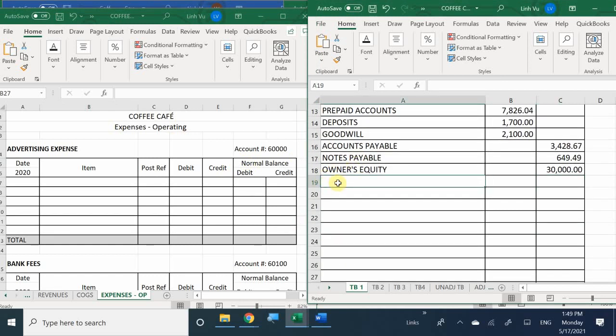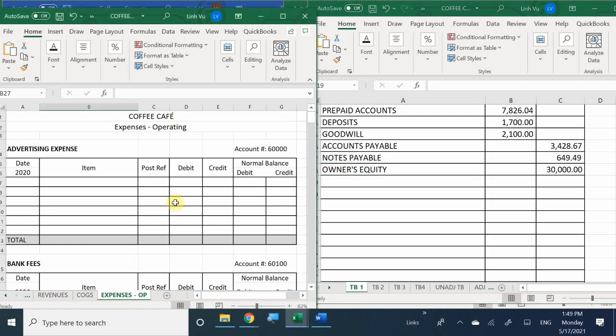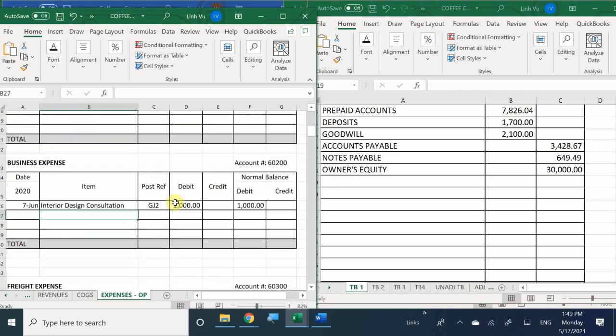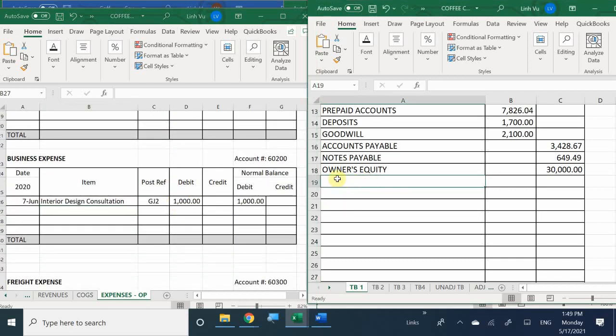Let's start from the very top of the line. Do we have advertising expense? Nope. Not yet. How about bank fees? No. What about business expenses? Yes. We do have one.